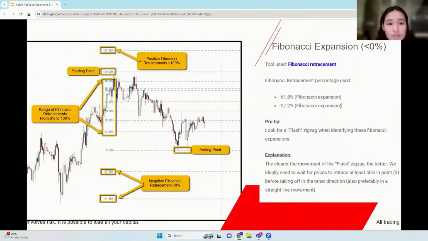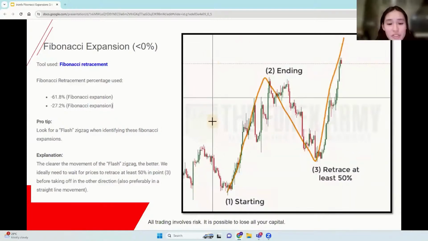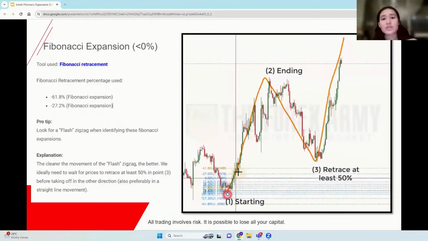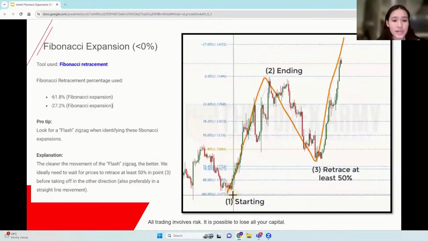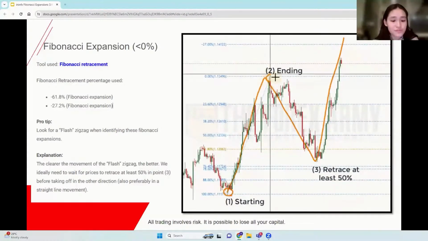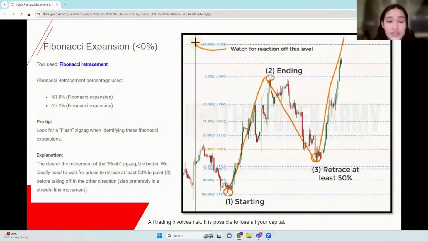Okay, so let's zoom in and look at today's Fibonacci expansion technique. Before we get into that, I just want to introduce to you guys a website that you can use if you're just starting out on Fibonacci techniques.